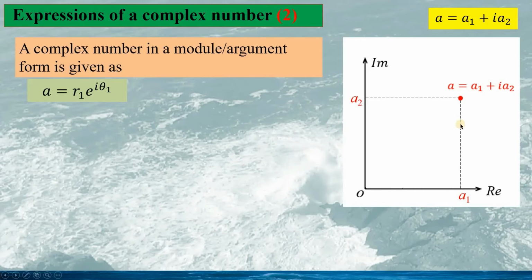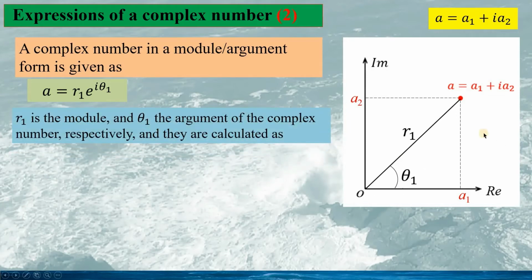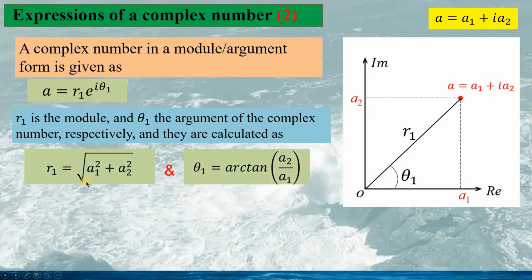And based on this, we can also have an expression for the complex number in a modular and argument form given as this. Here, R1 is the modular, the distance between the origin to the point, and theta 1 is the argument of the complex number. Sometimes we call this the phase angle. And this modular and argument are given by this and this respectively.